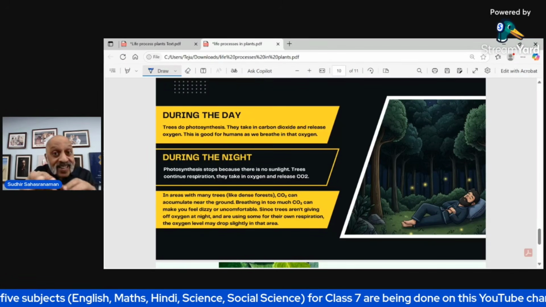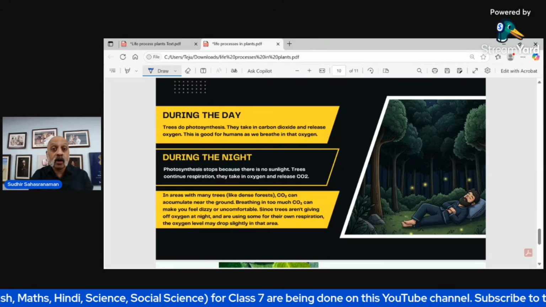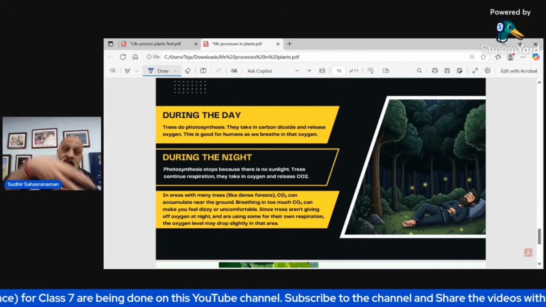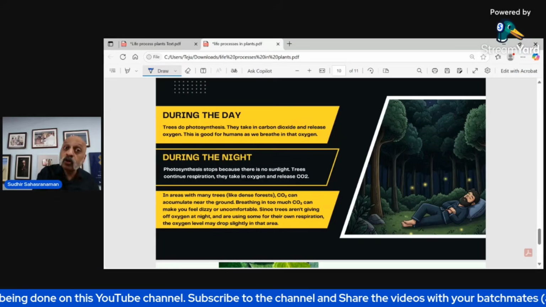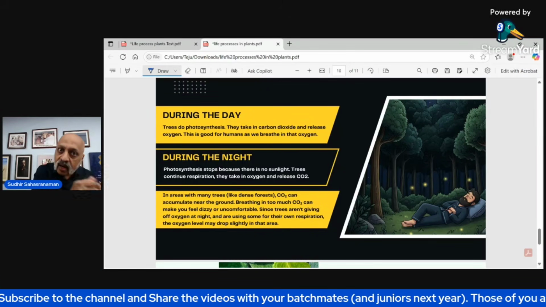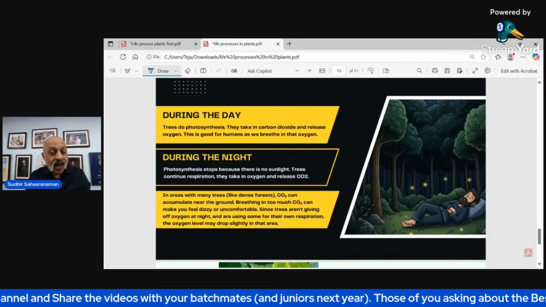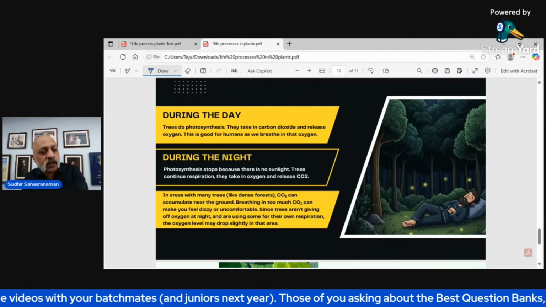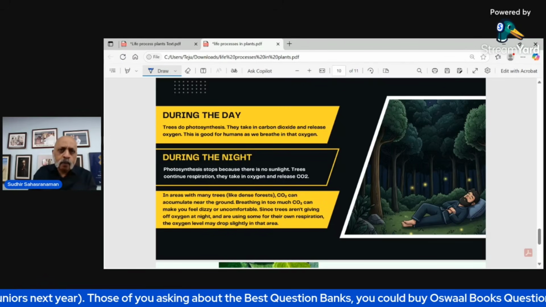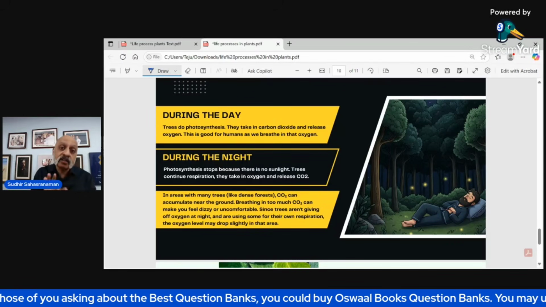So there will be less oxygen for your lungs, and you will be breathing in more of the carbon dioxide released by the trees. Therefore, you may feel a little uncomfortable or dizzy. And since trees are not giving much oxygen at night and they're using some of it for their own respiration, the oxygen level could drop in that area depending on how many trees are there.